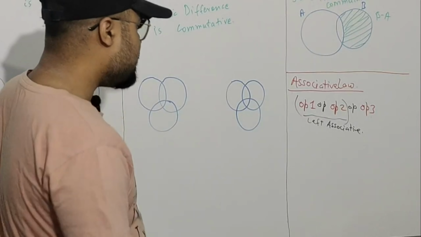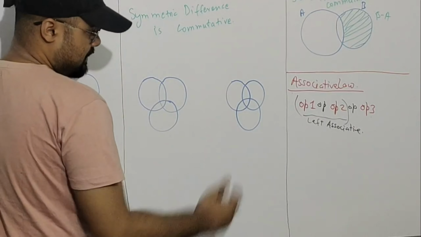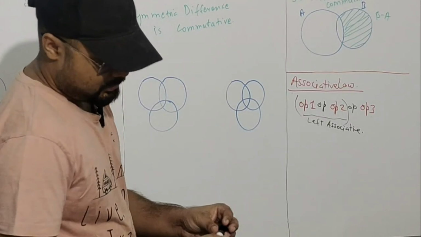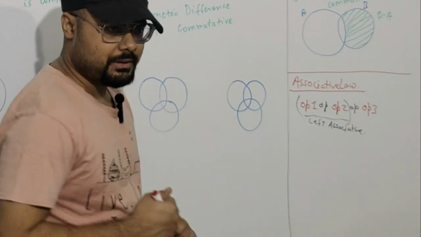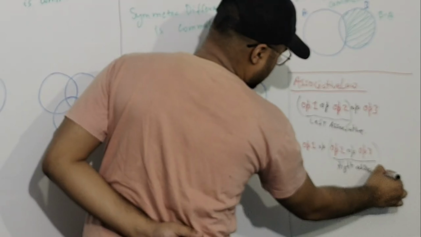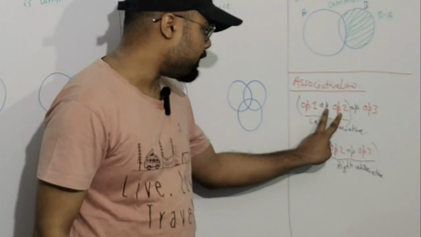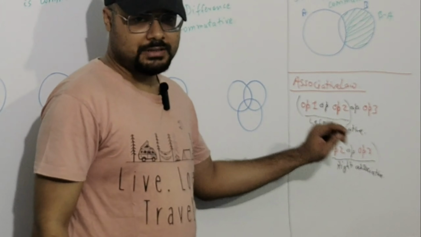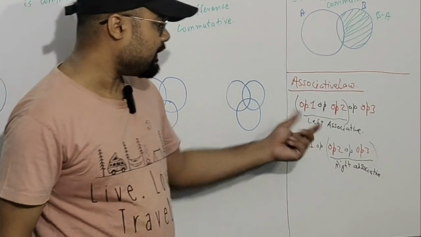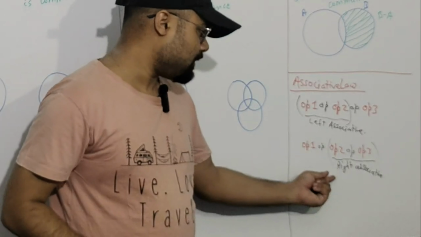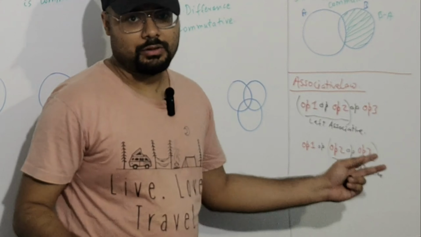Okay. Another possible way to perform this operation when you have three operands and a binary operator. We say that the operation op is associative if the result because of left associative and the result because of right associative are equal.